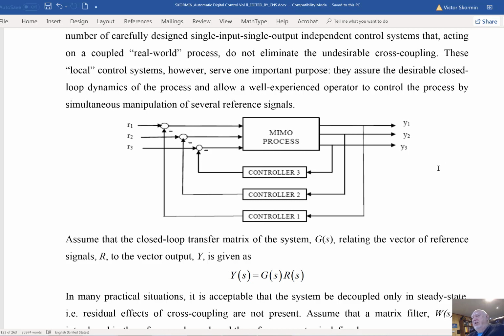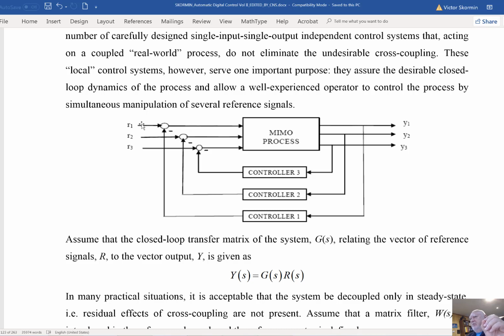And because of this, without having any mathematical background for doing this, you need lots and lots of intuition and experience of the process operator. And the process operator knows that if I change, let's say, fuel flow, temperature will change, but so will the pressure, and the composition of exhaust gases will change.